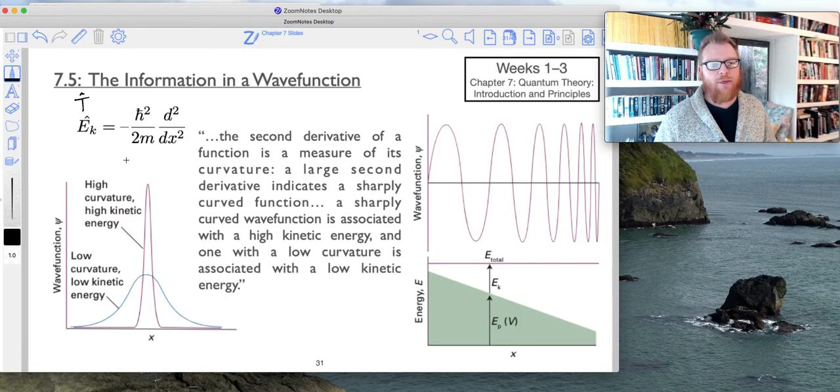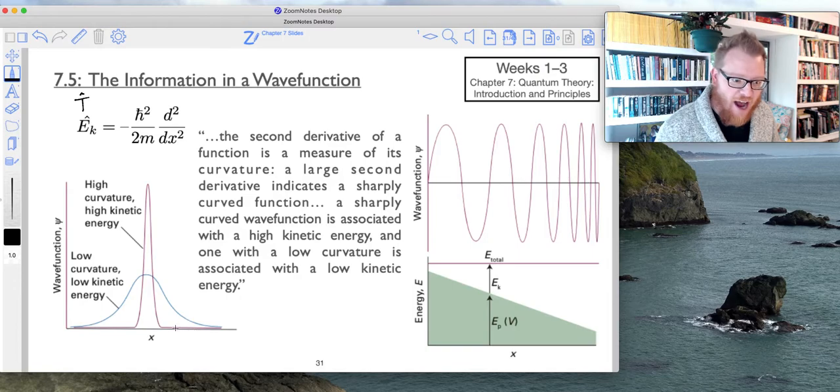So this is where we're going to start to see some connection with wave-particle duality. If we have a sharply curved function like this, we see high curvature on this side and high curvature on this side.